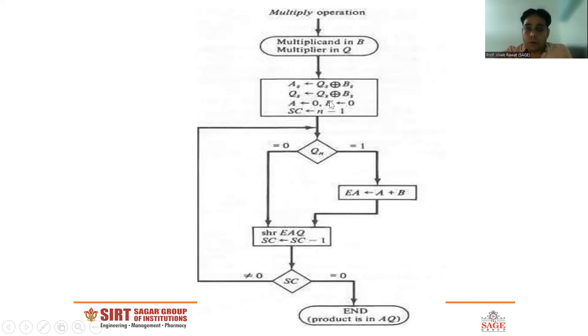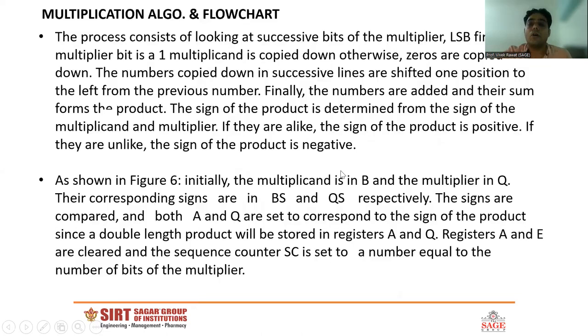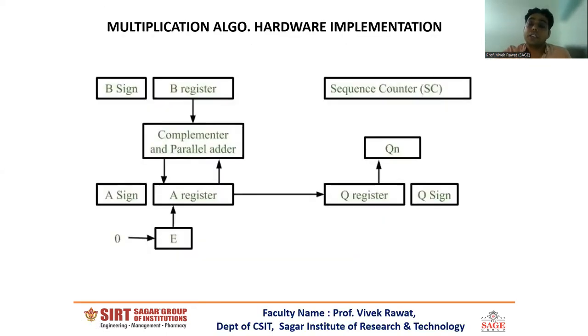In this process box, we pass the whole process to this diamond decision box. In this diamond decision box, you can see the QN value. What is QN here? QN is called the least significant bit of the Q register number. Okay, QN means least significant bit.